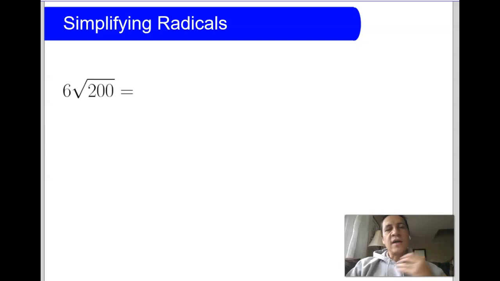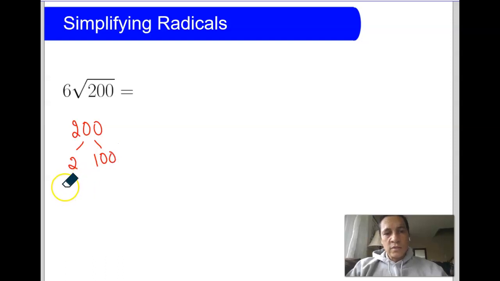I want to simplify this radical, and this is 6 times the square root of 200. So again, I am going to find that square root of 200. I'm going to simplify it. And I'll start doing that by finding the prime factors. Did you notice that 200 is just 2 times 100?